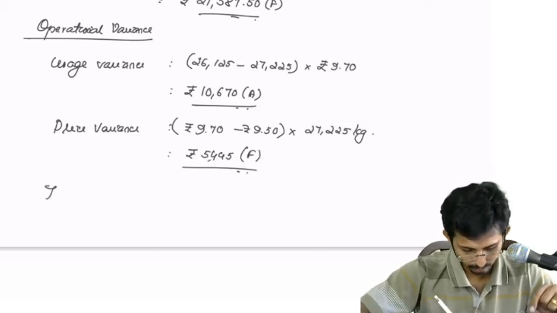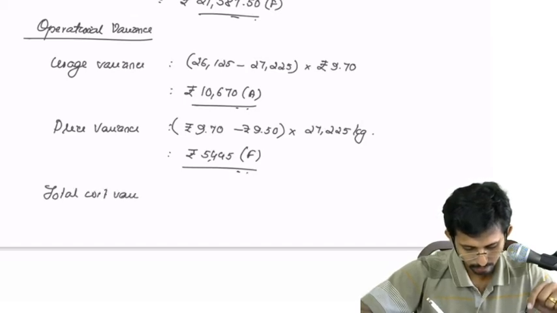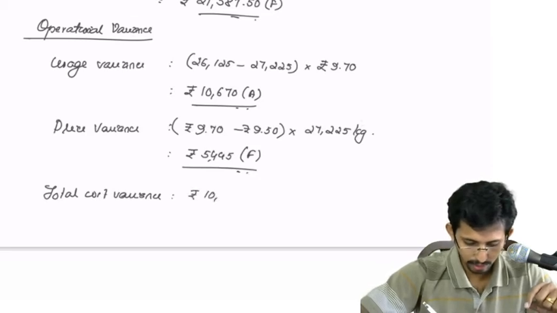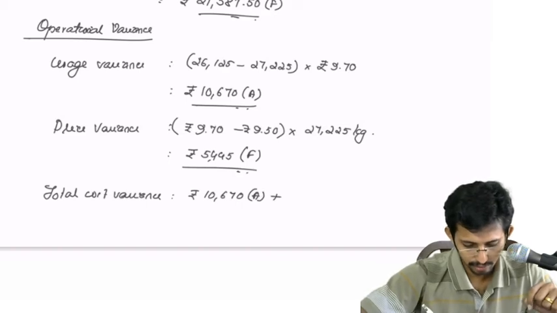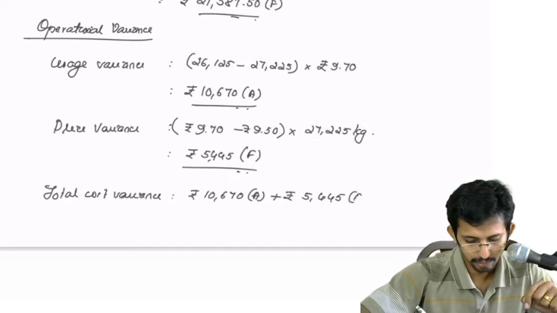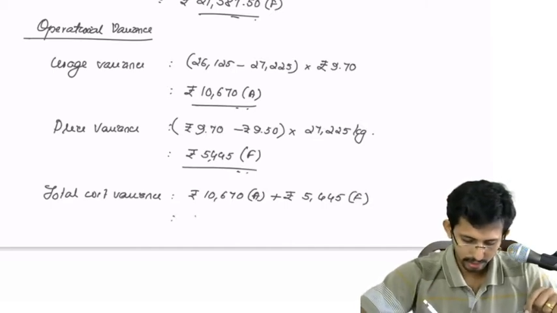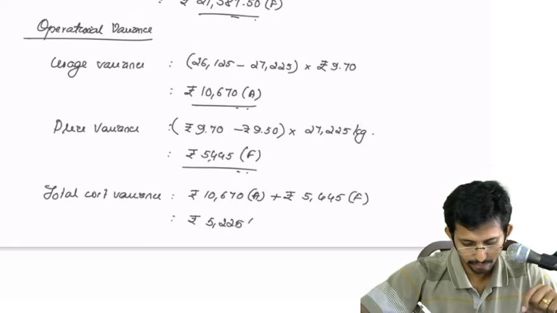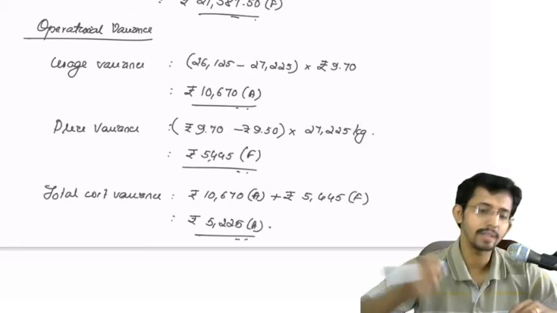So total cost variance is equal to rupees 10,670 adverse plus rupees 5,445 favorable. It is equal to 5,225 adverse net.